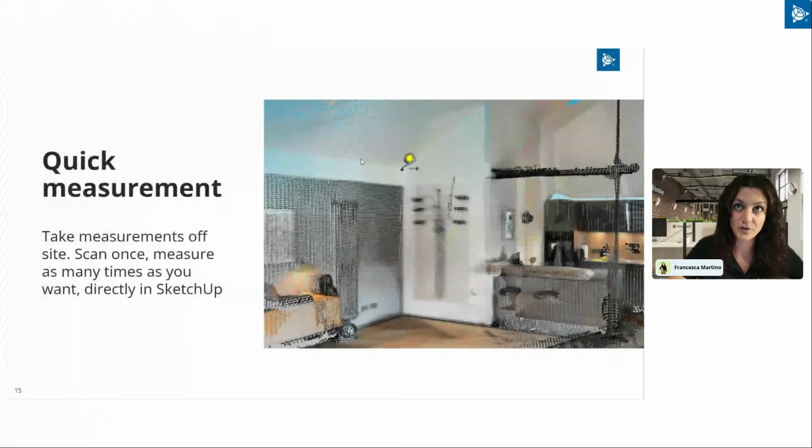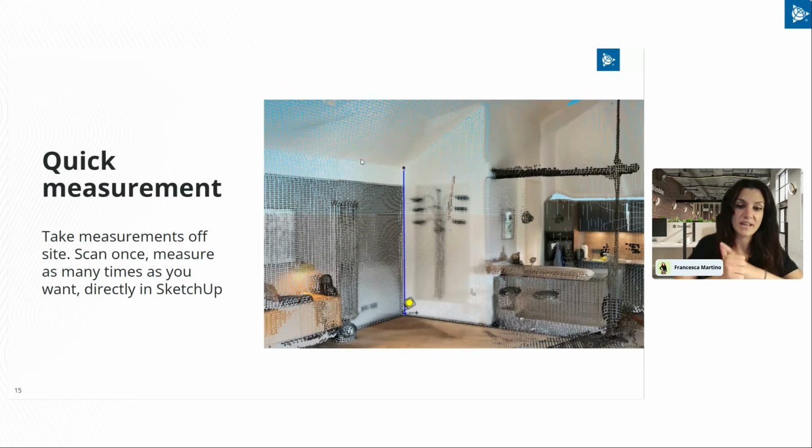directly inside our SketchUp viewport. Point clouds are also used for quick measurements, as a sort of site report. Instead of taking a lot of notes on paper, or going to the site multiple times to take all these measurements, point clouds allow us to have one single site visit and get all this measurement information, but not only, as we've seen, color information.